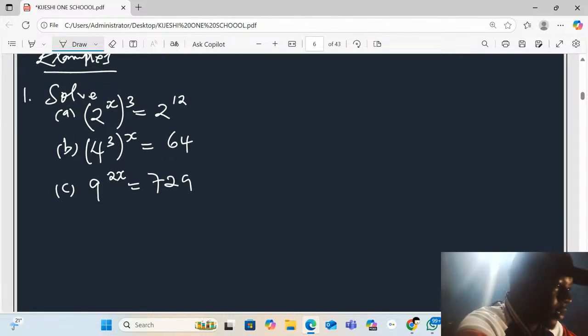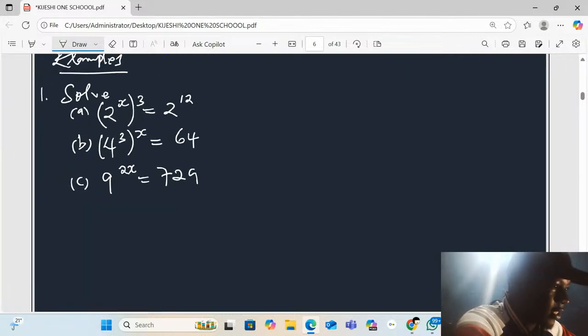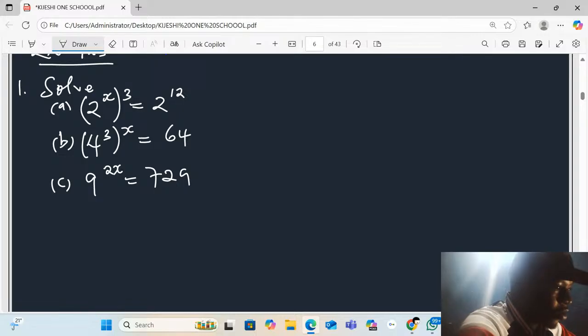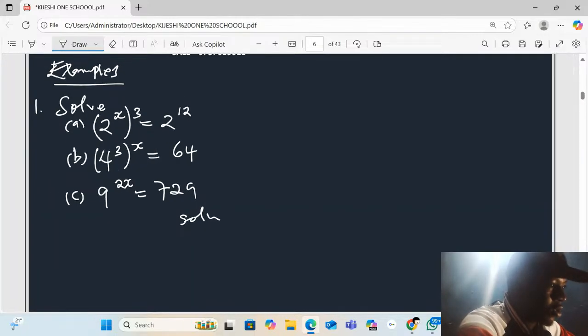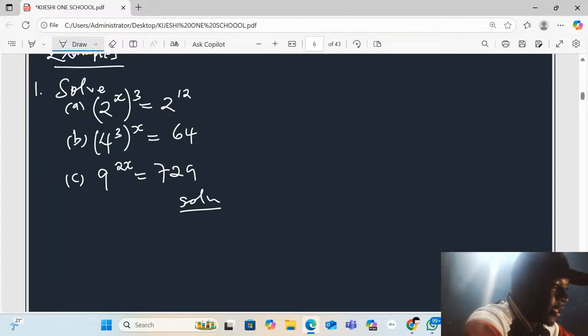So we start with that one, the solution for that. So solution. So we start with A. Now A, we are having 2 power x into brackets 3 is equal to 2 power 12.